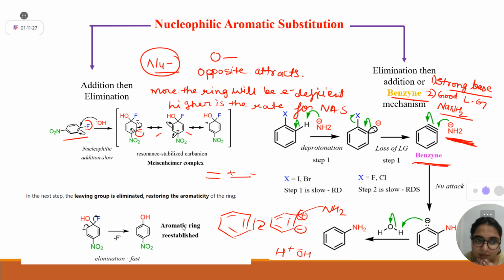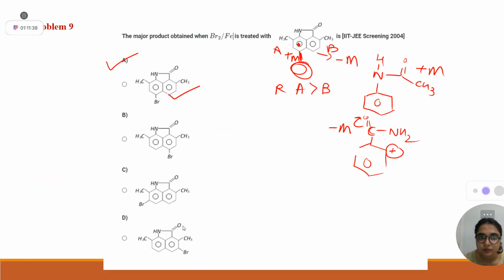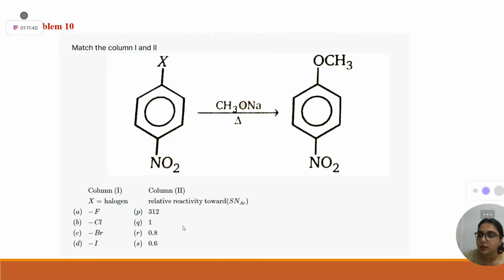Addition of nucleophile. Why? Because your aromatic ring is... wait. This is your starting material, this is your product, let's say. And if we talk about the intermediate, this is the energy of your starting material, and this is your intermediate.